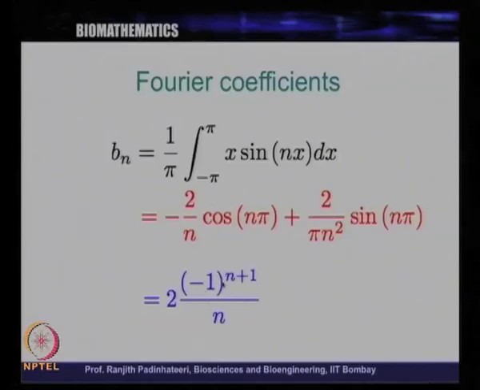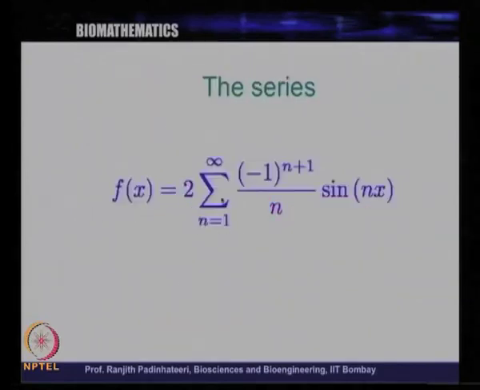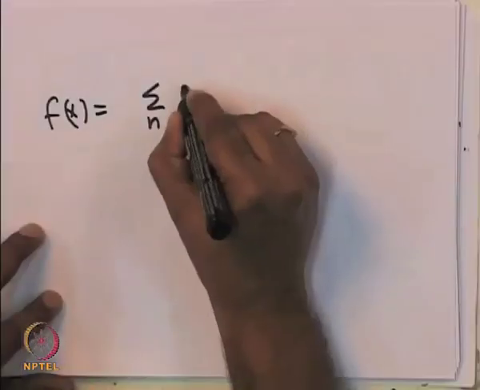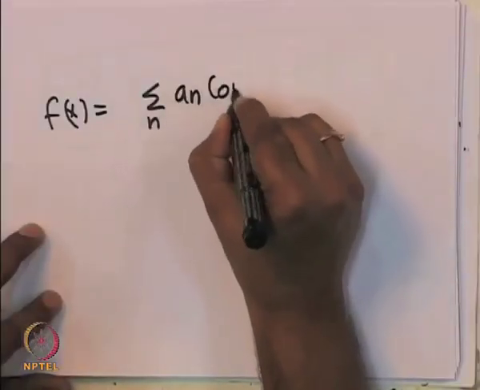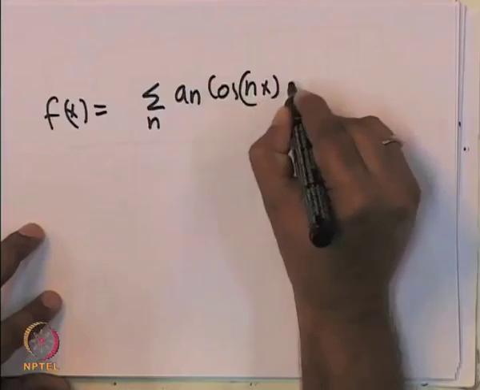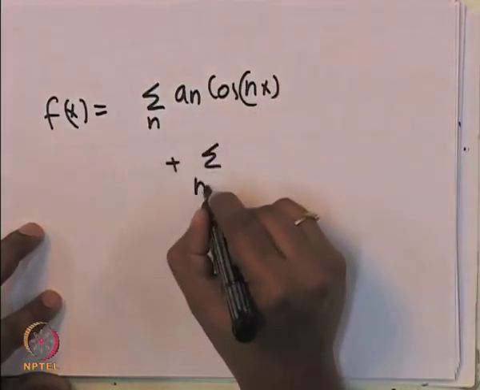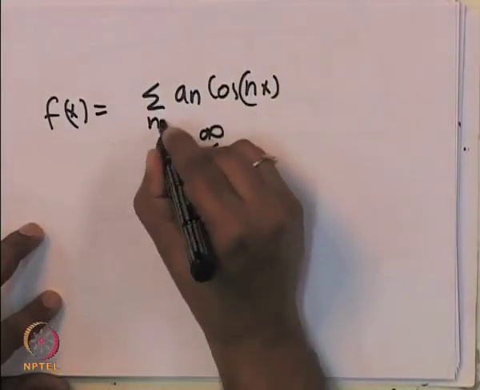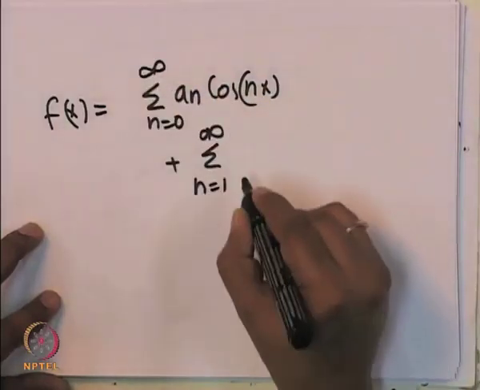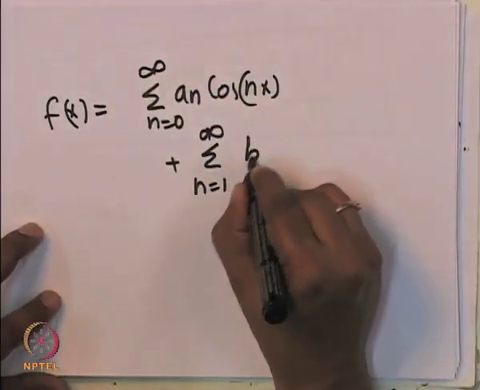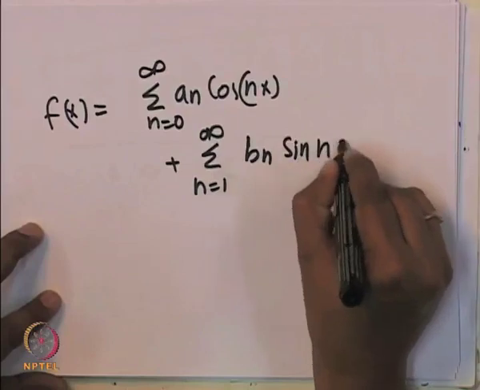So, you substitute this back in f of x. We had already found that f of x can be written as sum over n a n cos n x plus sum over n equal to 1 to infinity, or you can write 0 to infinity if you want, b n sin n x.